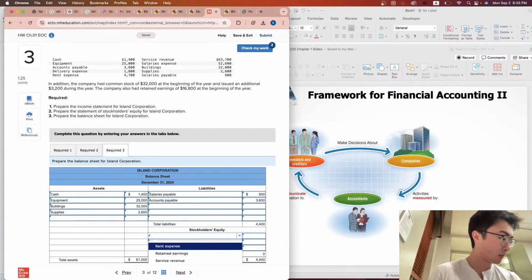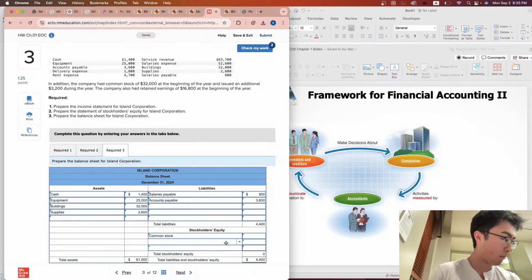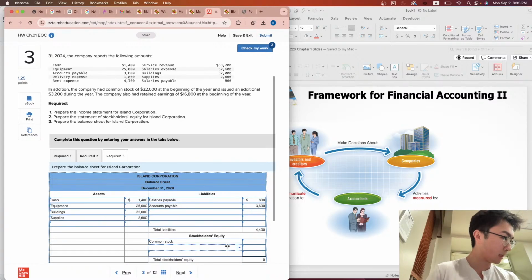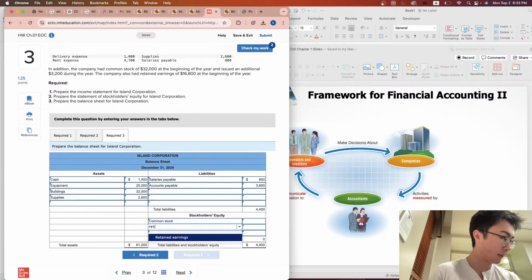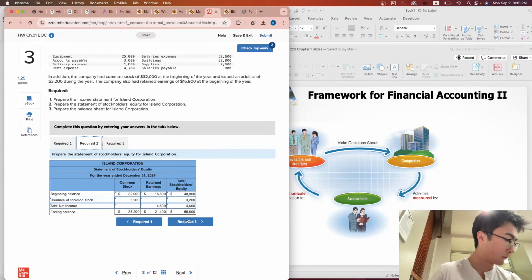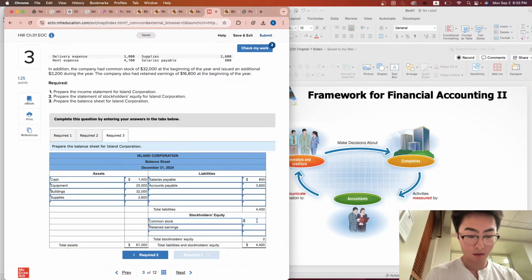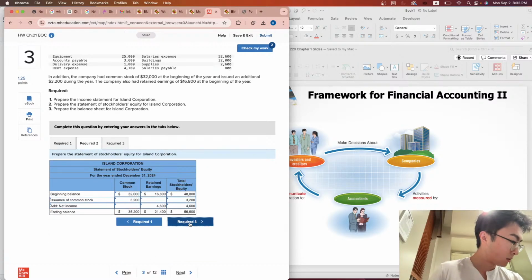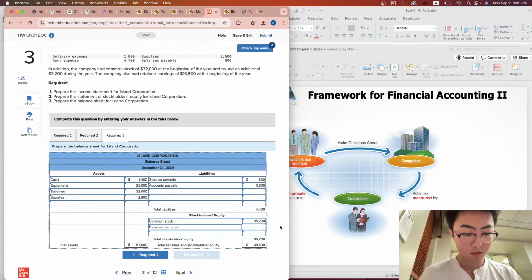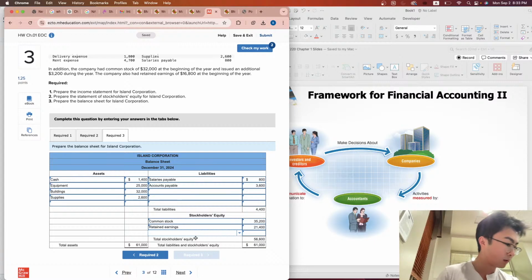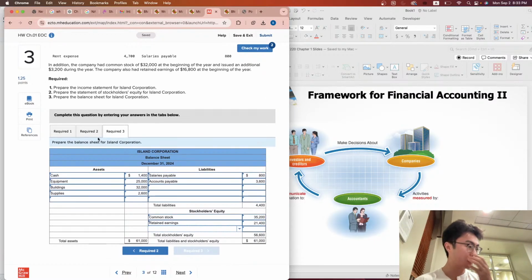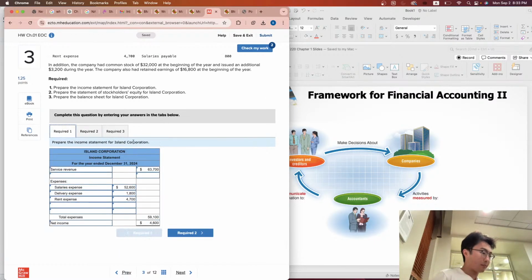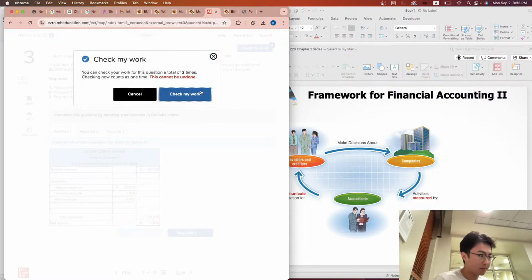So let's do stock issuance. Common stock, and then retained earnings. Okay, so common stock was 35,000, 35,200. Right, and then 21,400. Okay, so all balances. Yep, I think. Let's check.